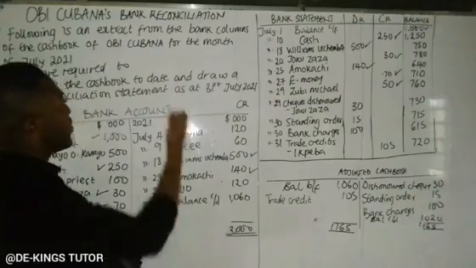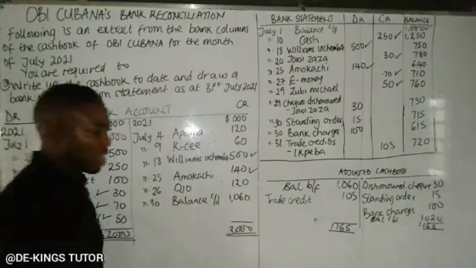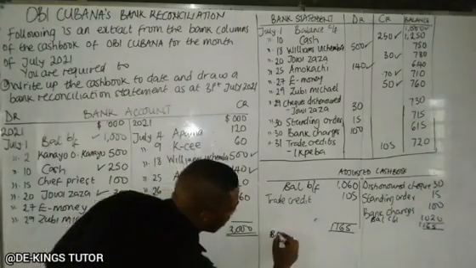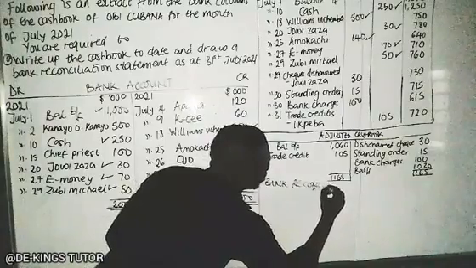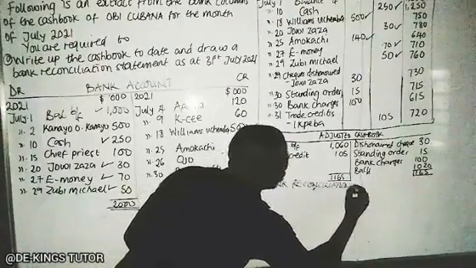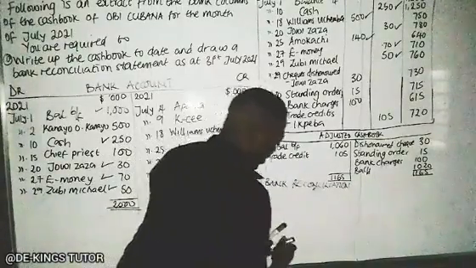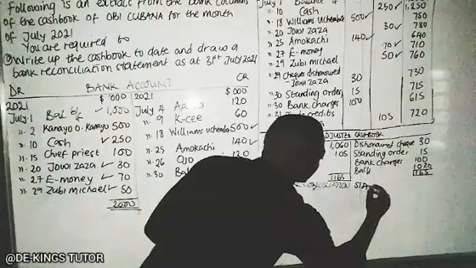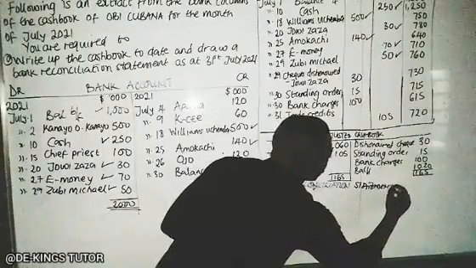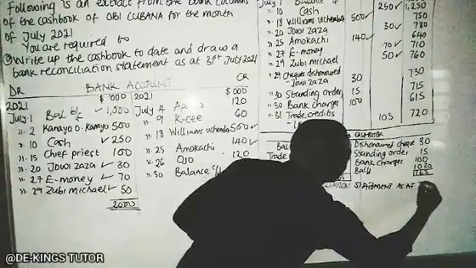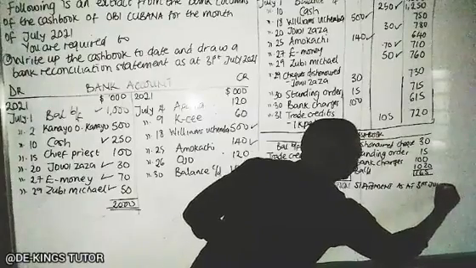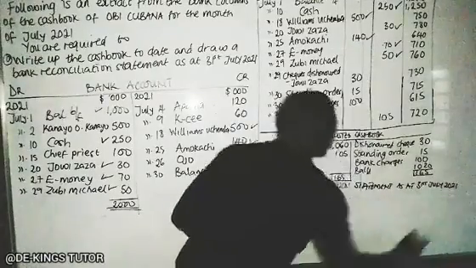Now let's prepare the bank reconciliation. Okay, so now write bank reconciliation. The bank reconciliation statement as at 31st July 2021.